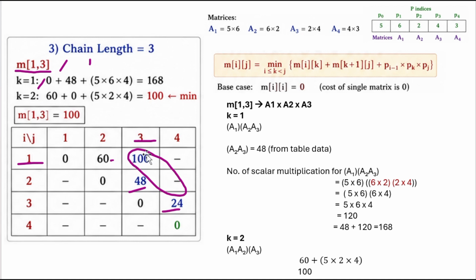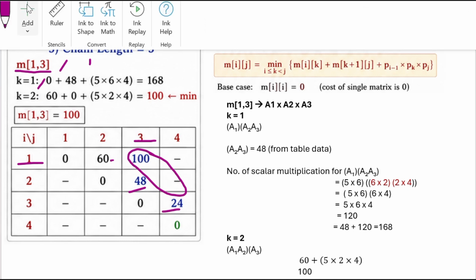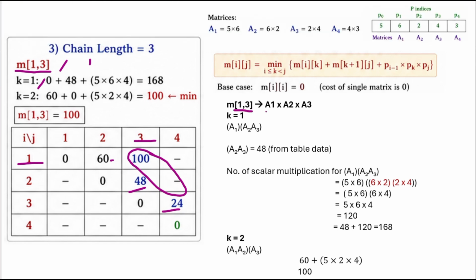Okay, initially M1, 3. We need to perform matrix chain multiplication among three matrices A1, A2, A3. Then the chain length is 3. So here two possibilities there, k1, k2. K1 means we split the chain here. K2 means we split the chain at this position.